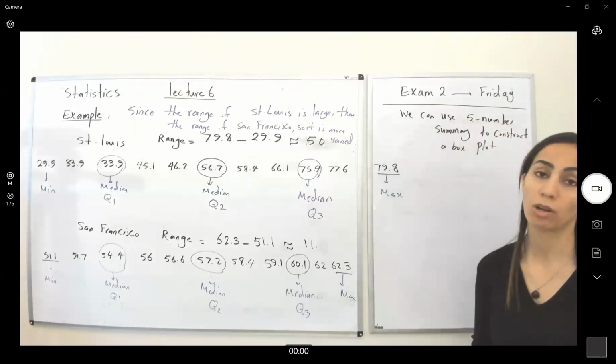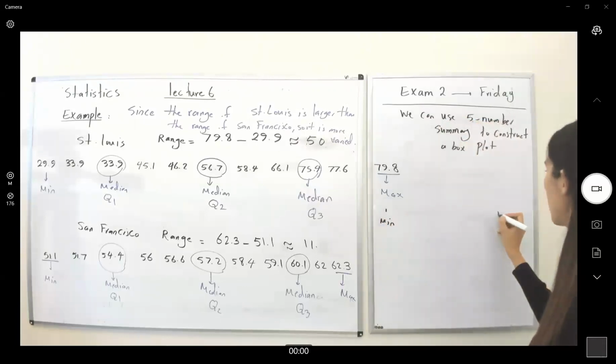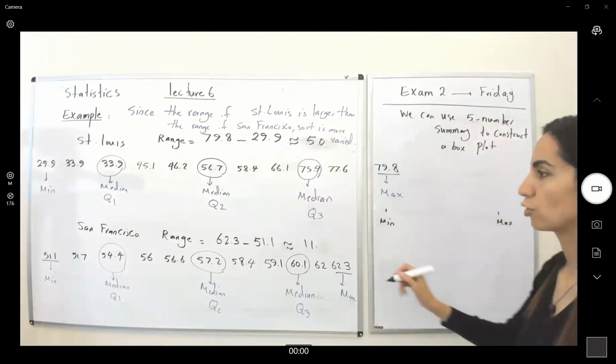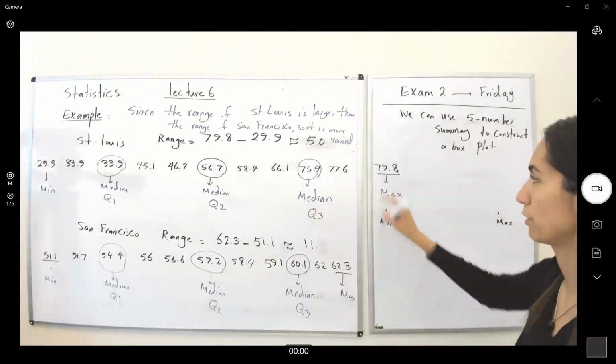Super easy to visualize a box plot. You have your minimum, you have your maximum. Your minimum is 29.9, your maximum is 79.8.